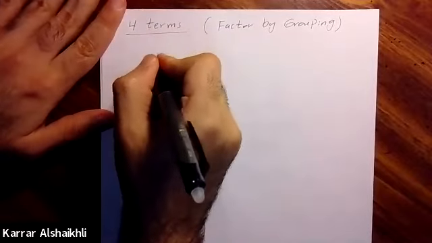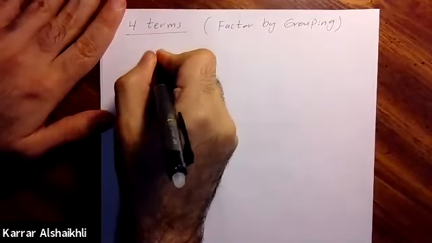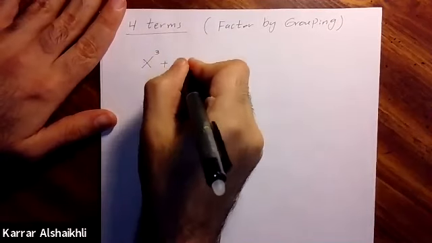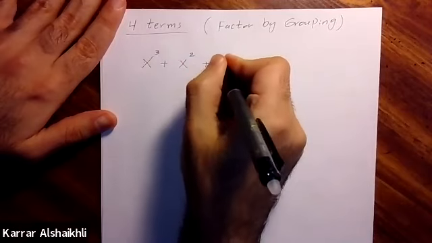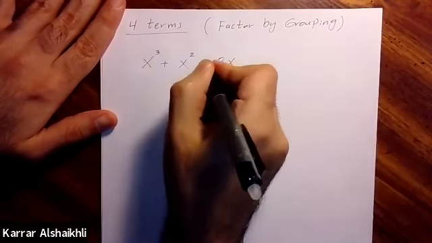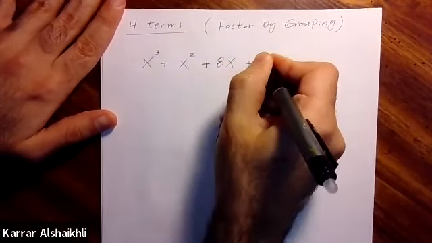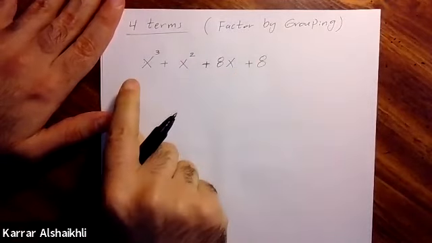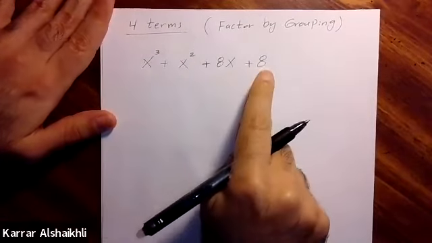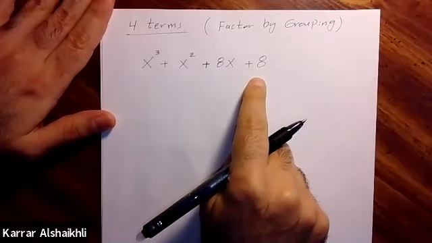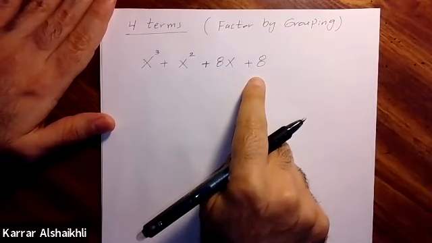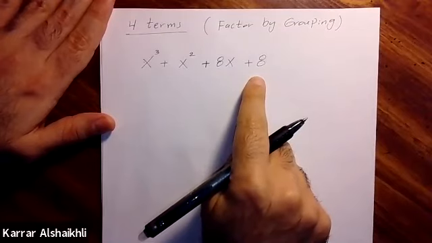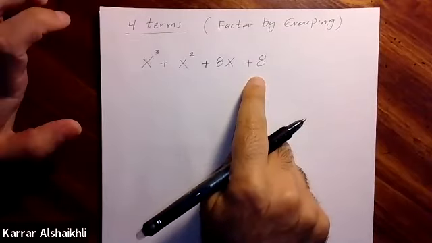If we have x cubed plus x squared plus 8x plus 8. You see how many terms do we have? 1, 2, 3, 4. Now I'm going to ask you, what's the first step we have to do? Go back to the chart. What's the first step?